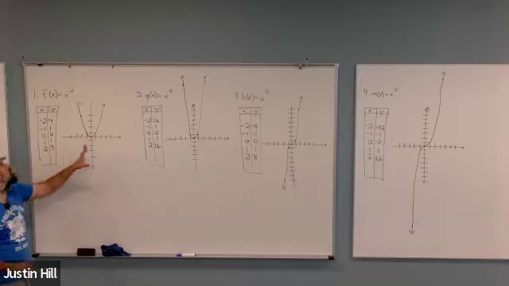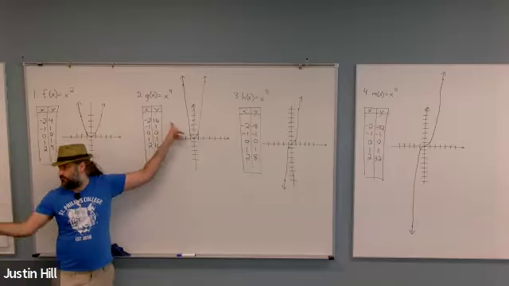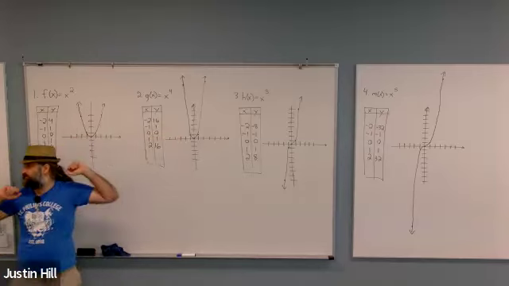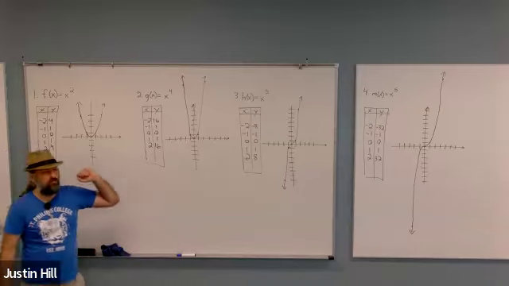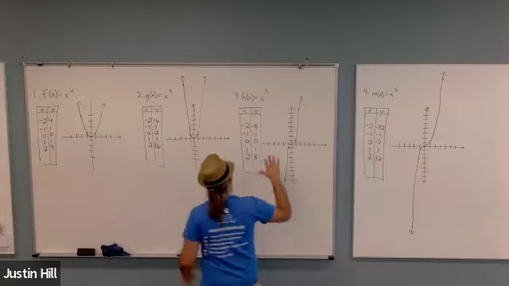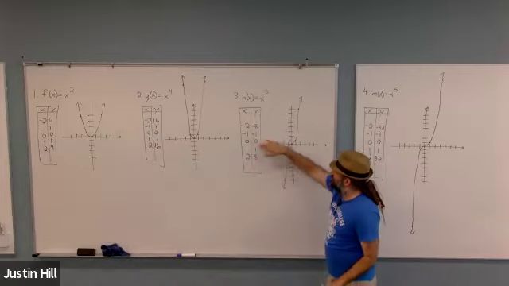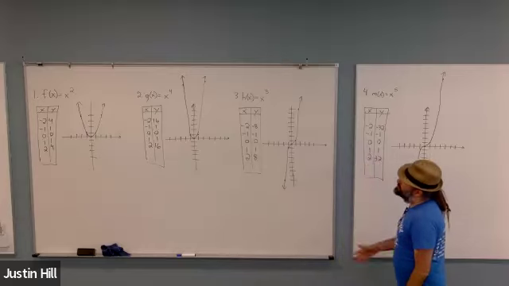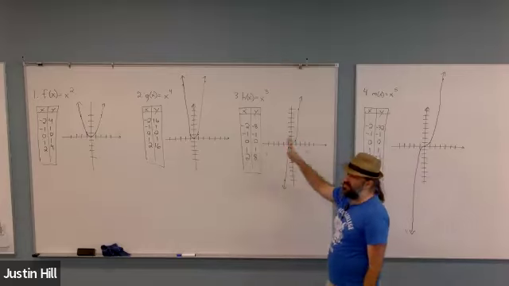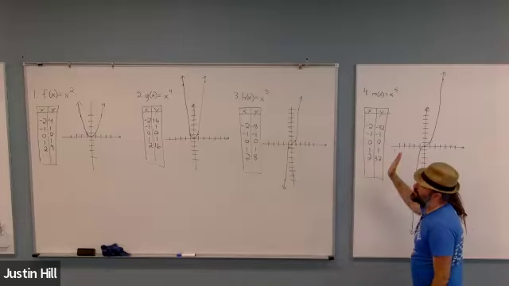It looks like if the power is even, the shape is a U. If it's an odd power, you get negatives on the negative side. So that's what it looks like from these four, and that's going to continue. That is actually our pattern.